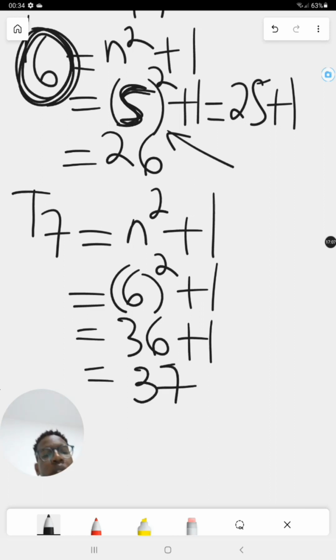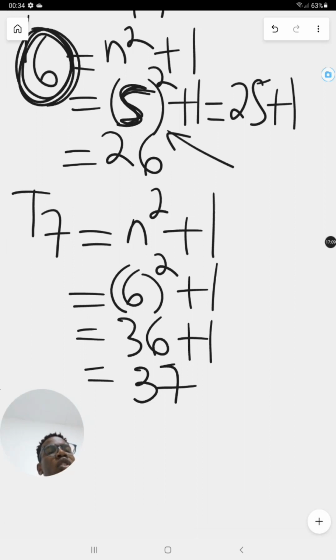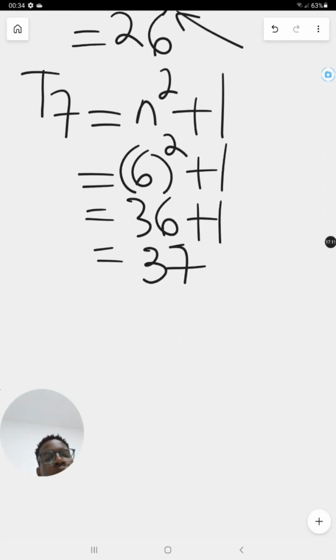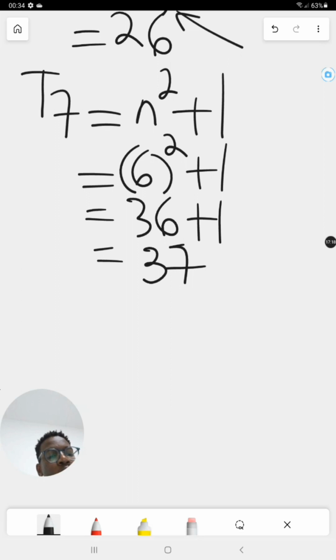And then we stop here. After we stop here, we add all the terms from term 1 to term 7. Why do we stop at term 7? Because at term 7, that's where n is equal to 6.